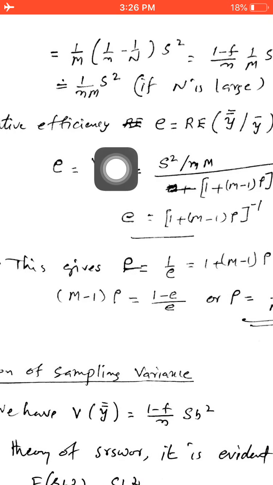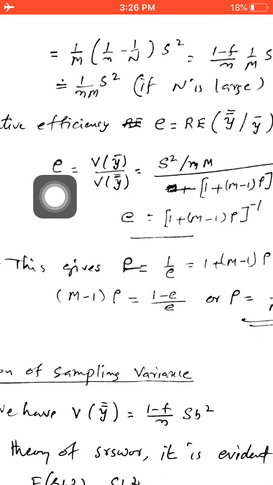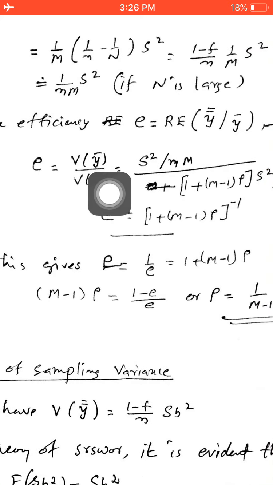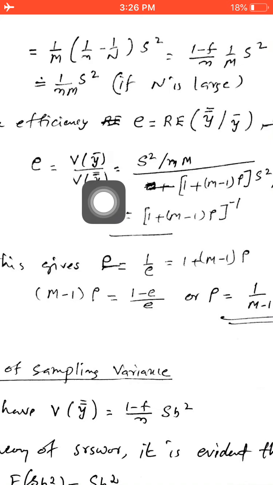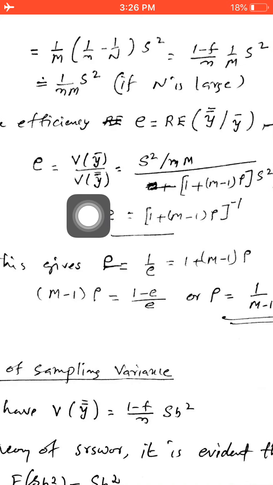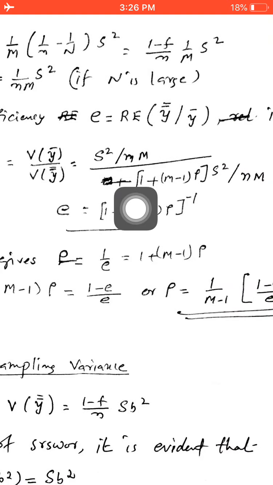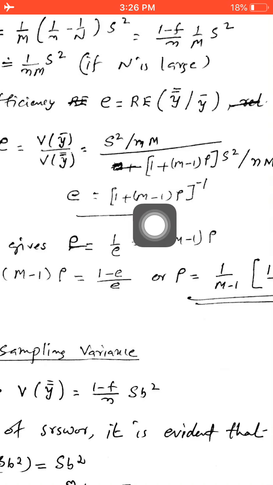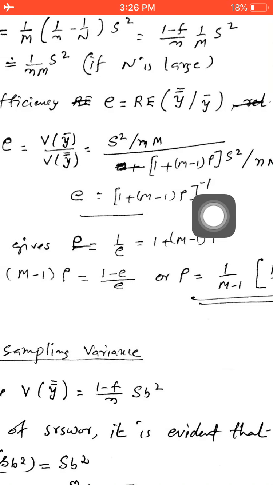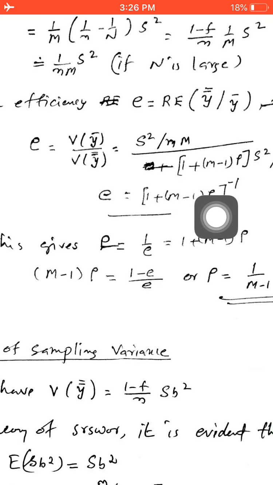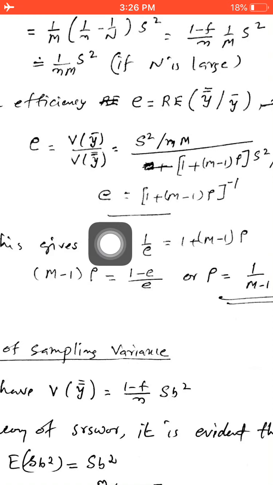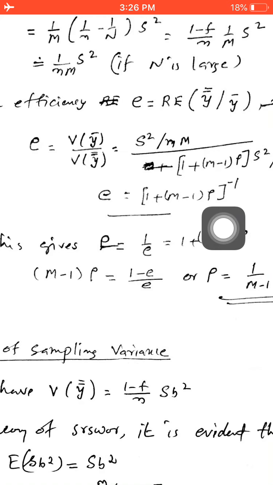So these two things can be compared for getting the relative efficiency E equal to the ratio of variance under simple random sampling and variance under cluster sampling, which is equal to this expression. And on simplification, you will get 1 plus m minus 1 into rho to the power of minus 1. Okay. So this is the expression for relative efficiency of cluster sampling in terms of the intra-class correlation coefficient rho.